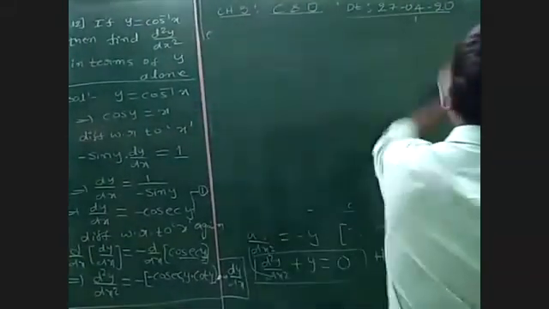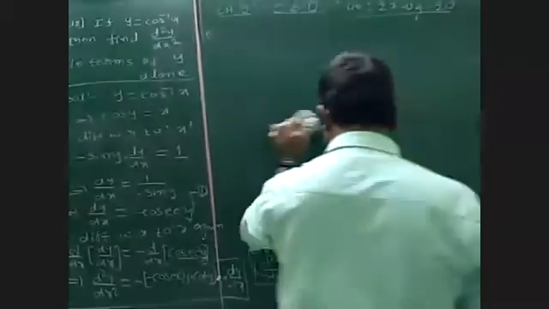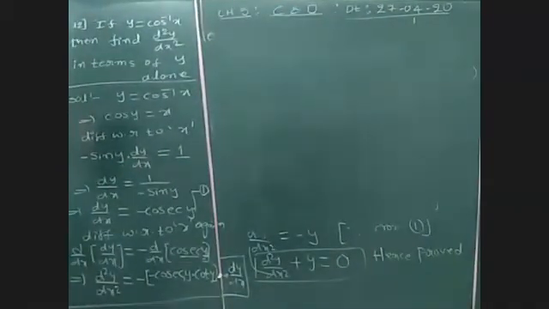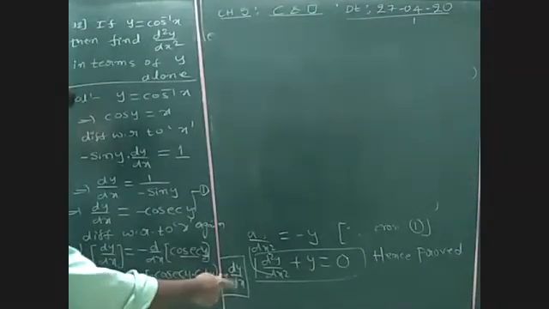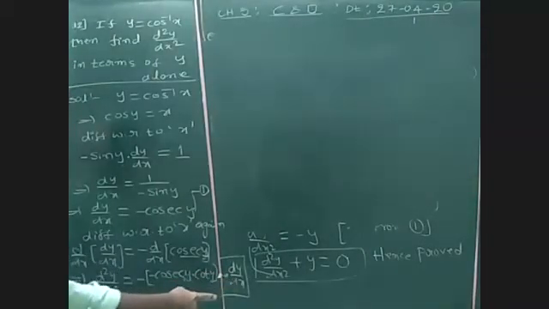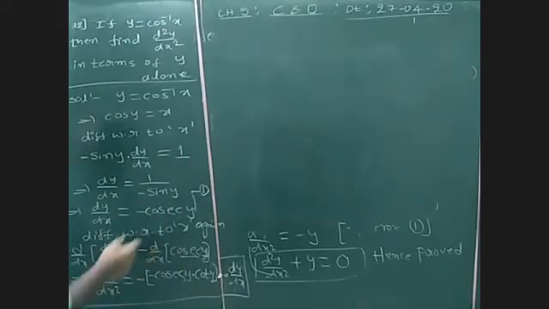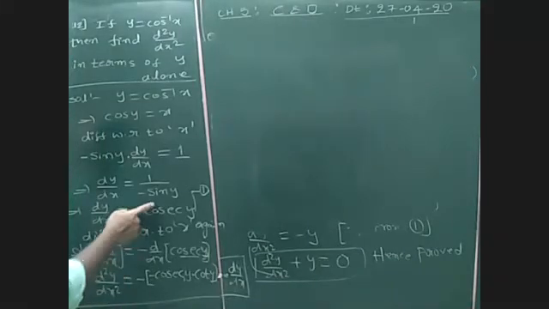So what did we do with the other sin y, sir? We took it to the other side, no, sir. Sin y dy by dx. Like you said that it will be 1 by sin square y, no, sir. Where is 1 by sin square y?